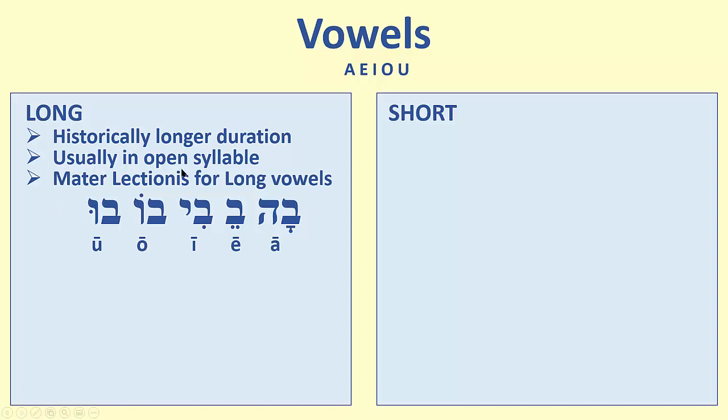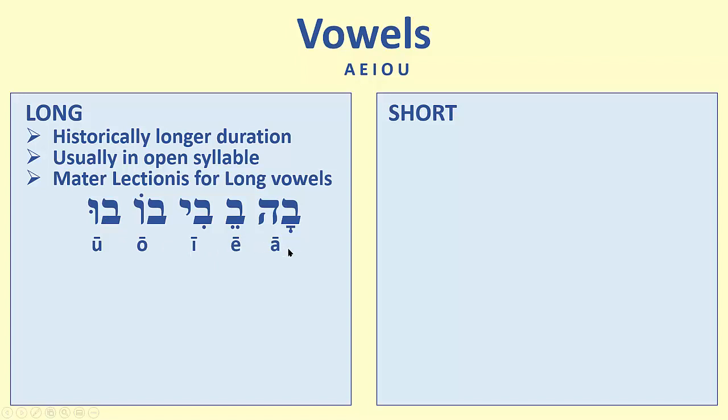Usually, those long vowels would show up in open syllables. And when Hebrews started using mater lectionis letters to represent vowel sounds, they would use those mater lectionis letters to represent long vowel sounds.